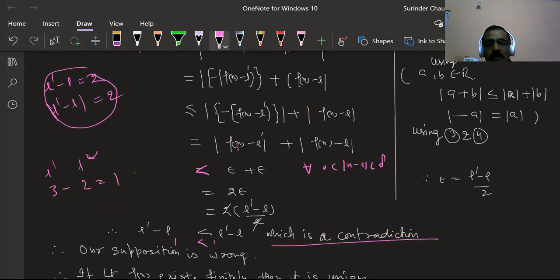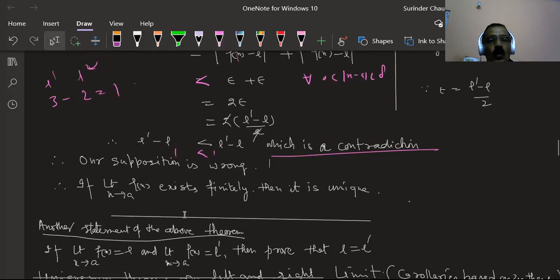That is the contradiction. So the contradiction implies our supposition is wrong. We supposed the limit of a function at a point has two values, and that is wrong. If the limit of a function at a point exists, it will always be unique.